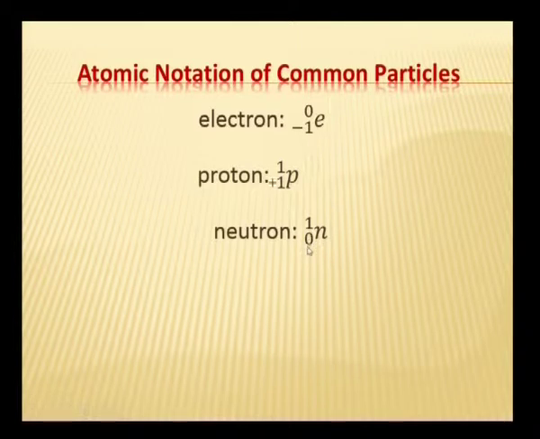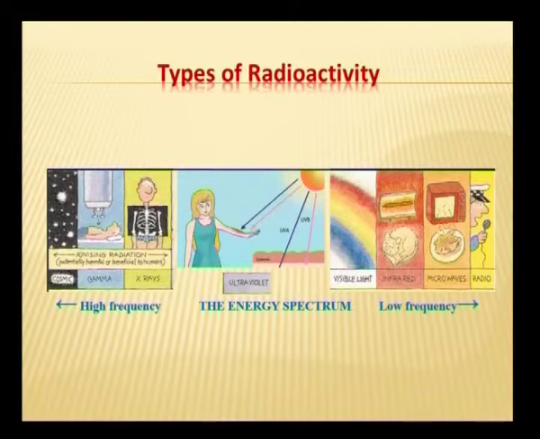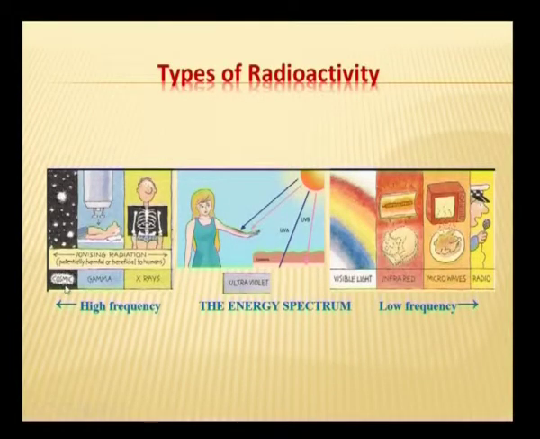The types of radioactivity: you should know the entire electromagnetic spectrum consists of X-rays, gamma rays, the microwaves, and finally radio waves and so on. You start from the high frequency, the cosmic radiation, gamma radiation, X-rays, then ultraviolet, which leads to sunburn.